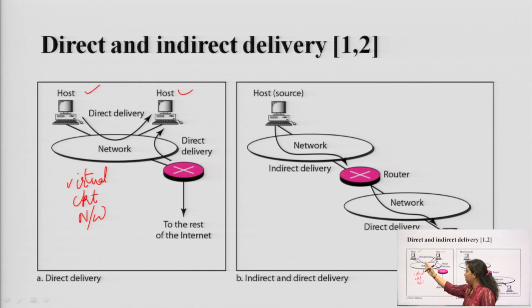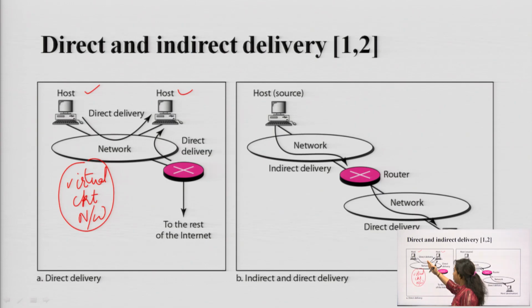Inside this network there are different crossbar switches placed at different locations, and whatever path is decided between the two hosts, these crossbar switches will be connected for that transmission. That is the concept of the virtual circuit network. This is host A, this is host B, which means this is transmitter and this is receiver.